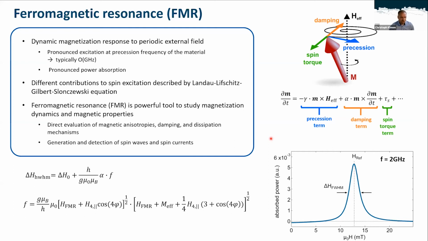But like many techniques, ferromagnetic resonance only measures the average signal of a sample and cannot really distinguish between different components in a complex material. That's why XFMR is such a powerful tool.